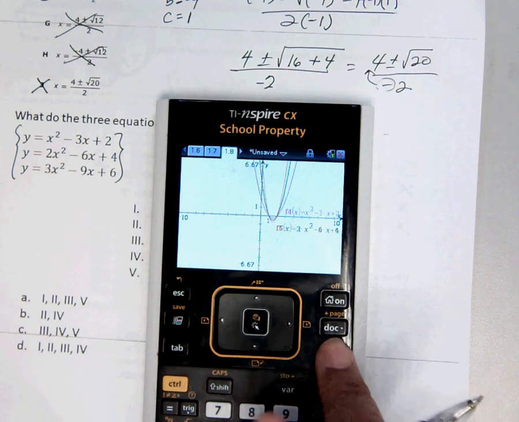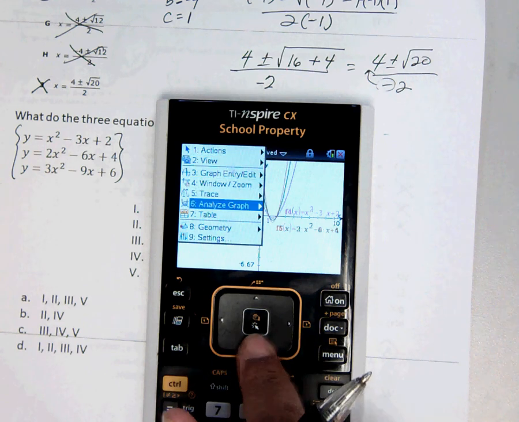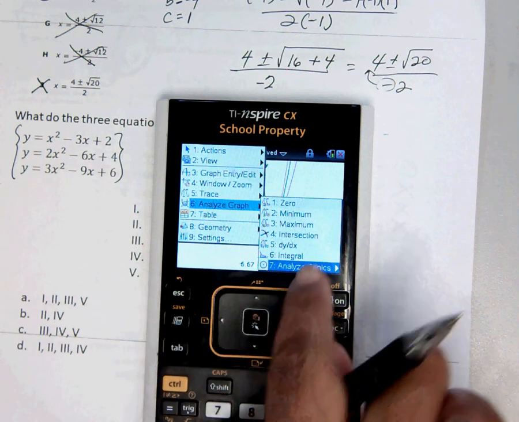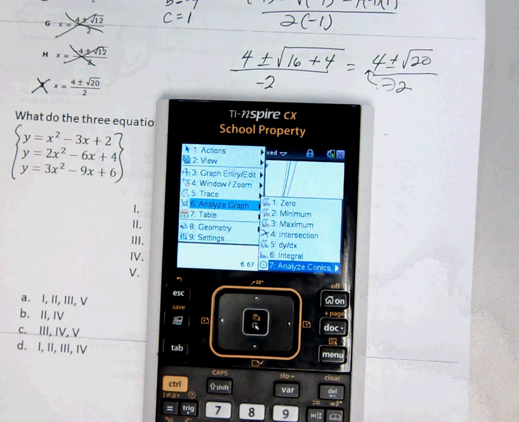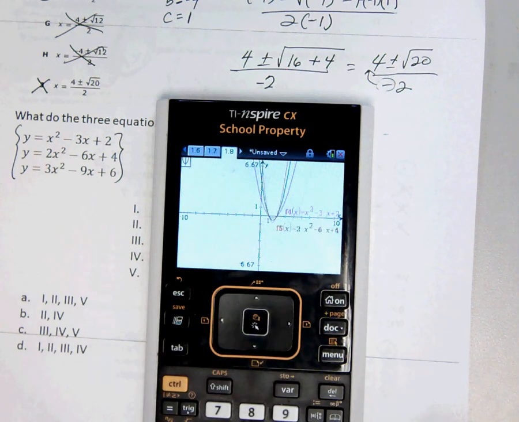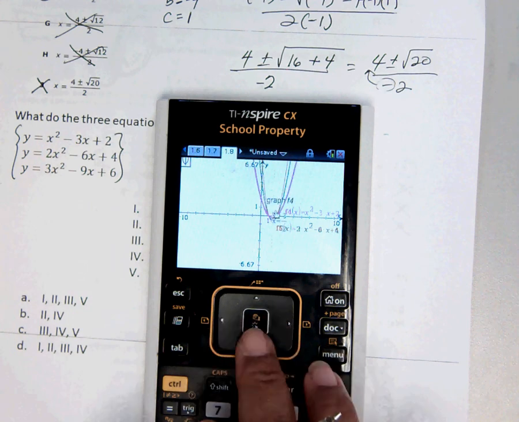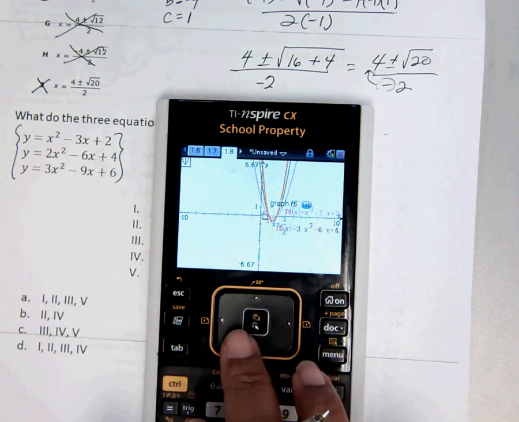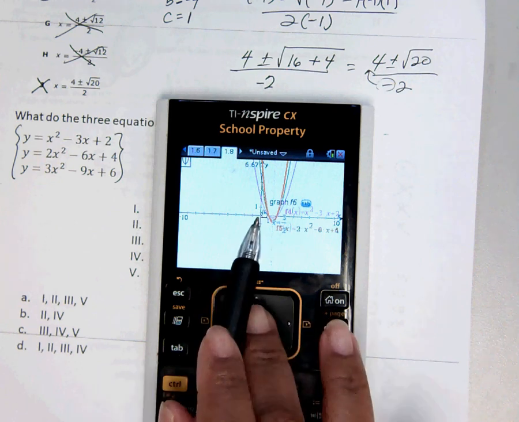Okay, and I'm going to hit menu and go down to analyze, but I'm going to go down to 7 because that's going to take me to axis of symmetry. And I'm going to ask the calculator to show me the axis of symmetry by putting the hand pointing on the graph.